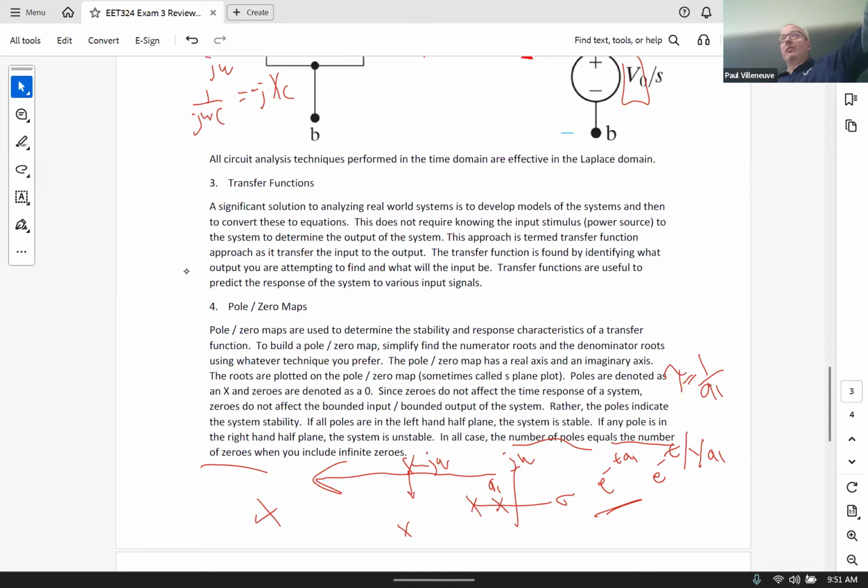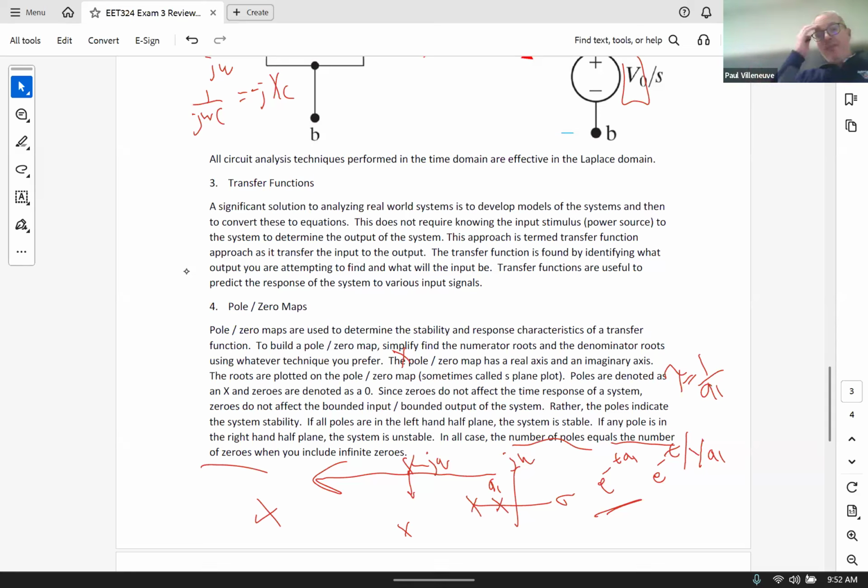The frequency is lower. But if we're way out over here someplace, then it's going to oscillate a lot. It still will decay away, but you're going to see a lot of oscillations depending on what your decaying exponential looks like. Okay? So again, telling us the performance characteristics.